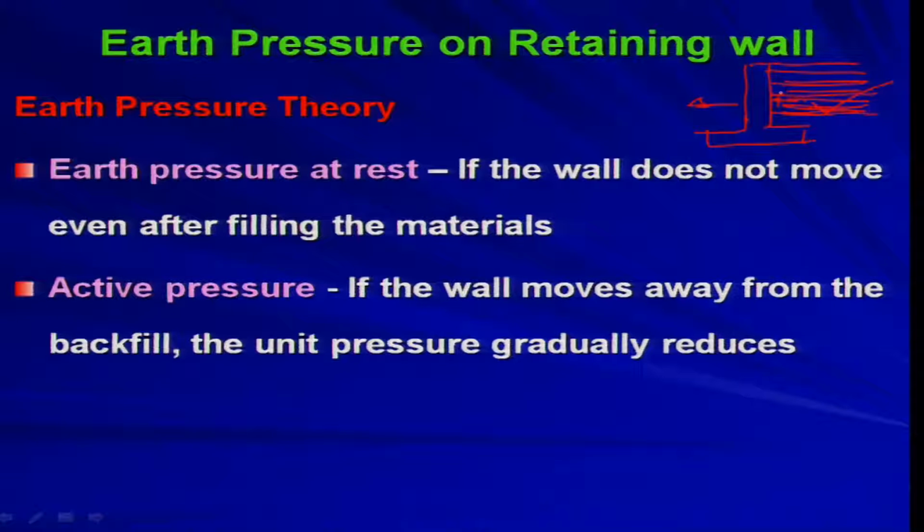Pressure means earth pressure, as I told you, whether active pressure or earth pressure at rest, it is nothing but the lateral pressure. Okay. The pressure on the wall, that means horizontal pressure on the wall.